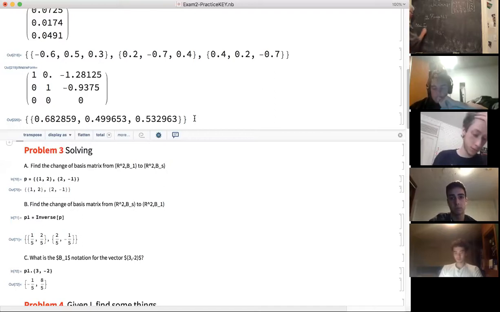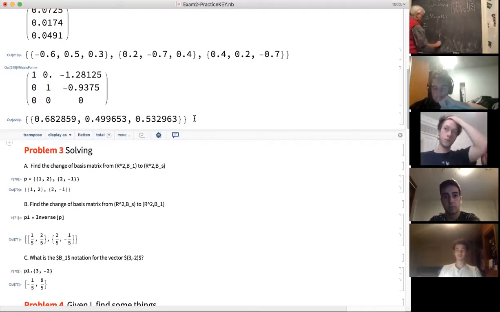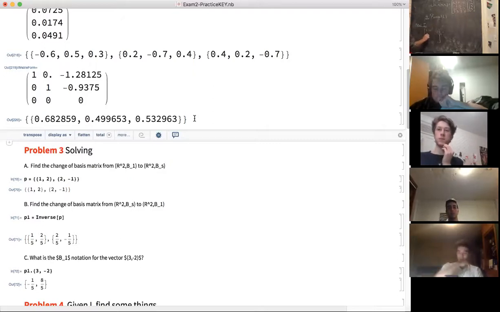puts the range vectors that we have in rows. So 2, 1, 0, 2, 1, 2, 1, 3, 1, 2, 2, 2, and minus 1, 1, 2, 0. So it rearranged things.